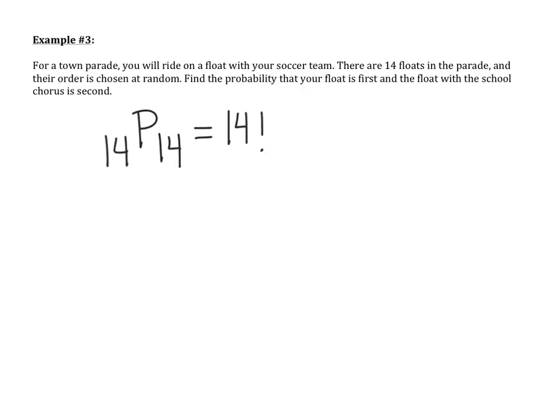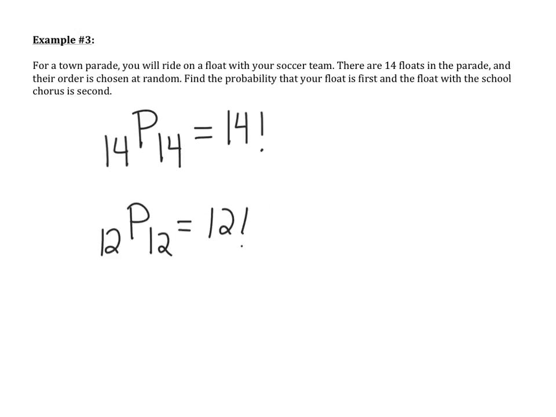And the order would matter, so again, we're going to be using a permutation. So again, we have 12 floats to fill the 12 positions that are left after our soccer team goes first and the chorus goes second. So that would give us 12 factorial. So this is total possible outcomes, and these are our favorable outcomes.